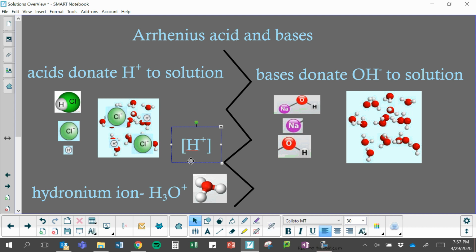It's really showing the exact same thing. Probably drawing it as a hydronium ion would be more accurate because that's what's actually happening in the solution. It's not staying like this. With the hydrogen, it's turning into hydronium pretty rapidly.